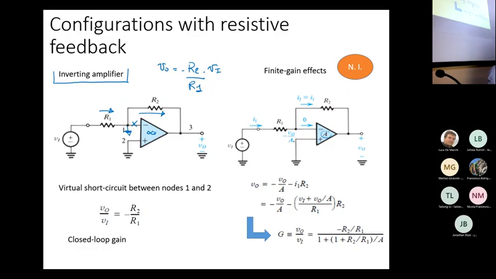So the current I1 which flows through R1 shall be given by the difference between VI and minus V out over A, divided by R1. And this current must flow in this branch because we are still assuming that the input impedance is infinite.